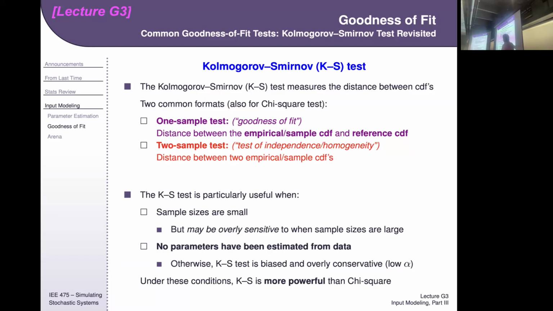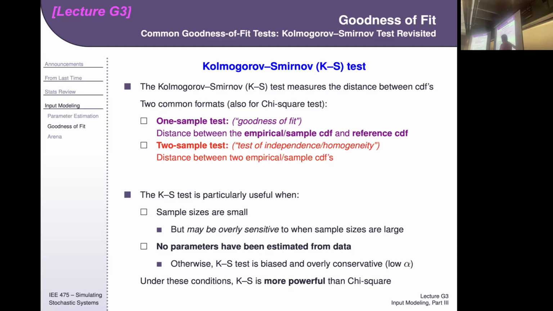So the KS test is useful when sample sizes are small and when no parameters have been estimated from data. If parameters have been estimated, you cannot use a KS test. Well, there are a couple of custom-built KS tests for certain distributions that have parameters that are estimated, but it's not like the chi-squared where it's a general purpose test in that case. The KS test is only general purpose if no parameters have been estimated from data.